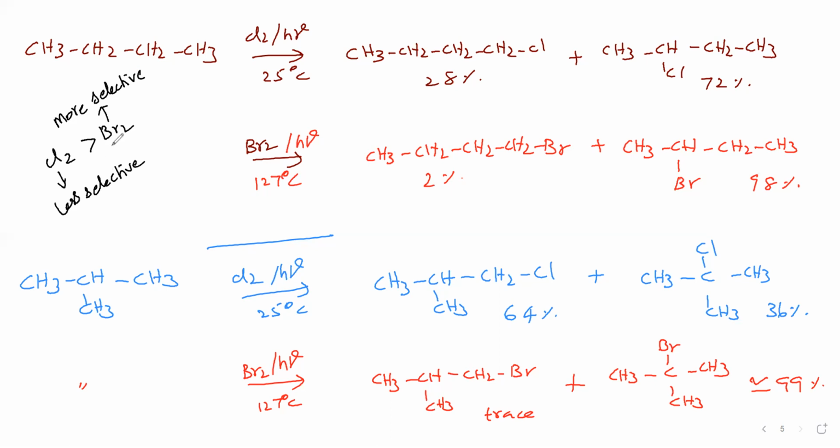Therefore, we can say bromination is more selective, whereas chlorination is less selective. So, the lesser the rate of reaction and the reactivity, the higher the selectivity. As per that, we are explaining this. Therefore, for bromination, consider the rate of bromination only. We need not consider the number of hydrogens.